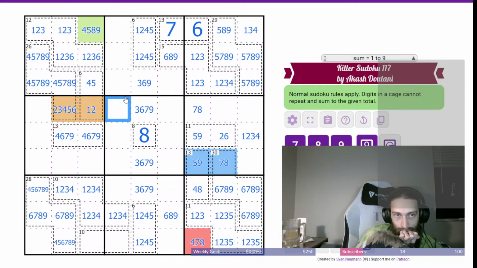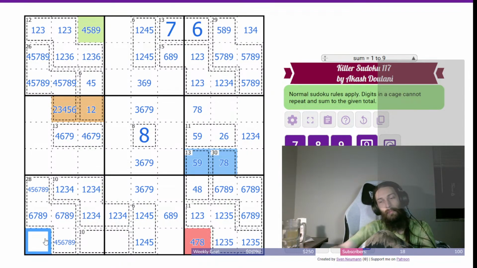In box 7, the corner digit is 3 more than what's out there. So it's a minimum 6. Is it 3 more or 3 less?